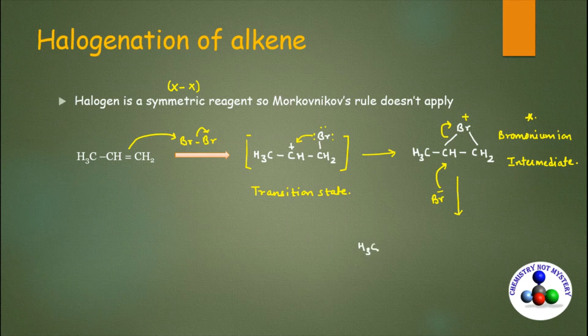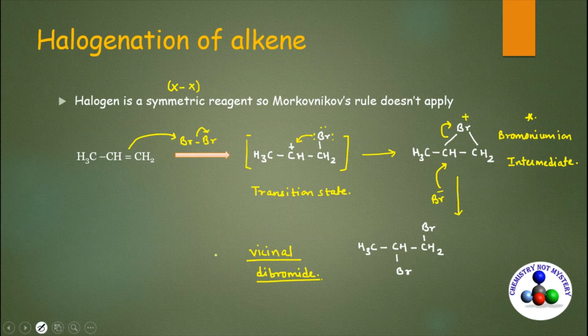As a result, both Br atoms get attached to the adjacent carbons. And vicinal dibromide is formed as a product.